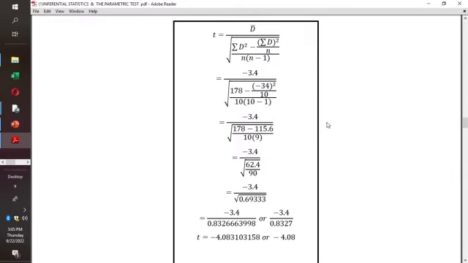Solution: t is equal to the mean of the difference over the square root of the summation of d squared minus the summation of d, squared, over n, all over n times the quantity n minus 1.